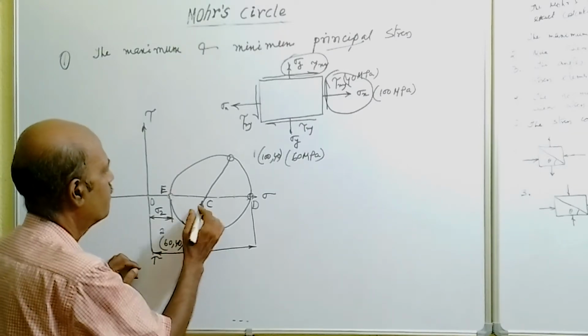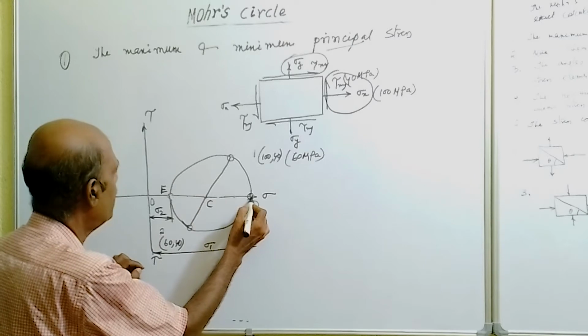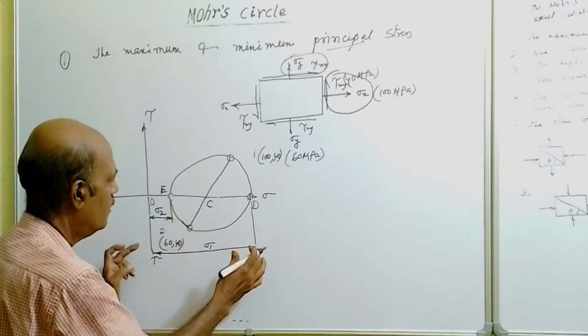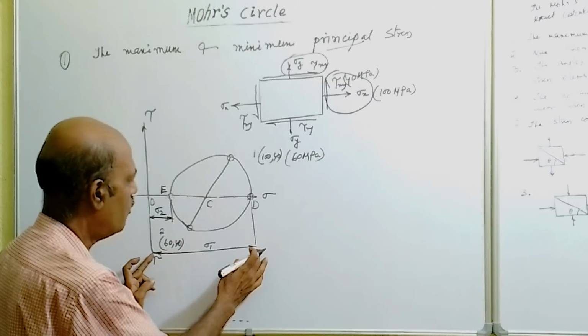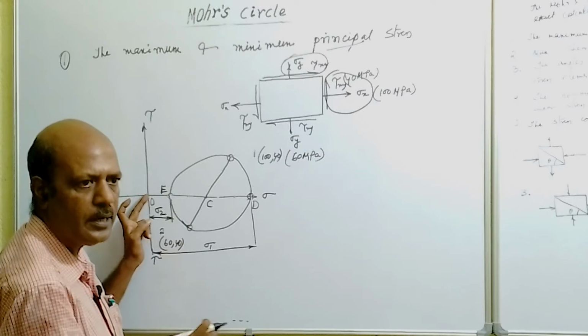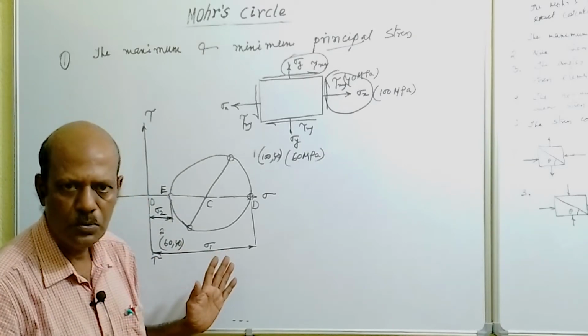Then measure the distance from D to O. That distance will be your sigma 1, and measure the distance from O to E. That will be your sigma 2.